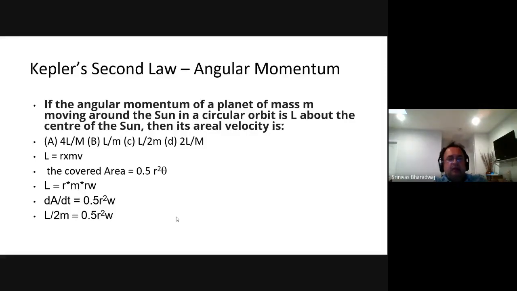L is equal to m r square omega. Therefore, half r square omega is going to be L divided by 2m. Because L is r cross mv, and v is r omega. Therefore, dA by dt is given by L by 2m.